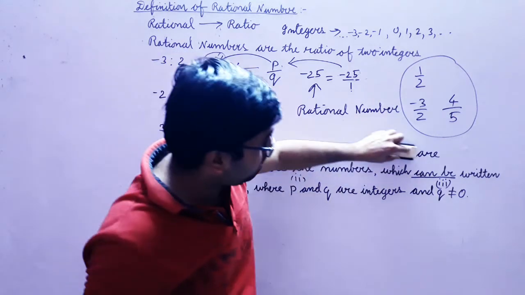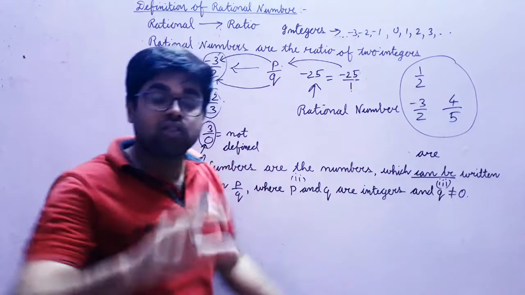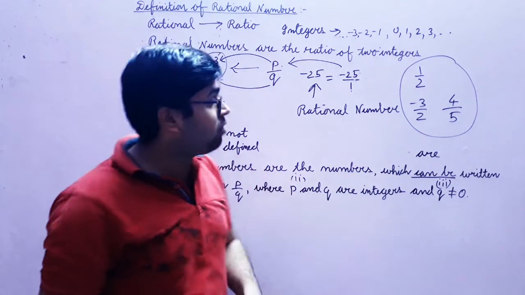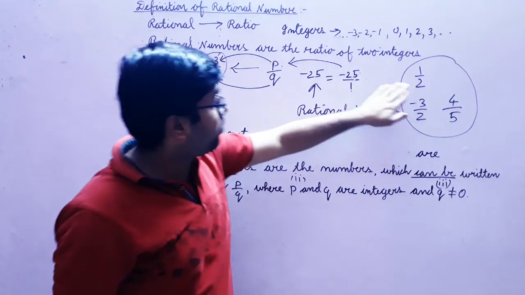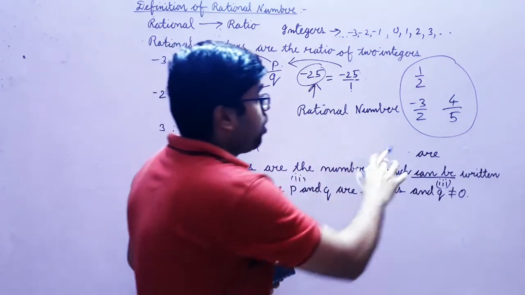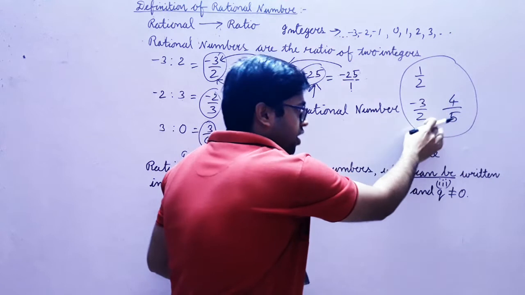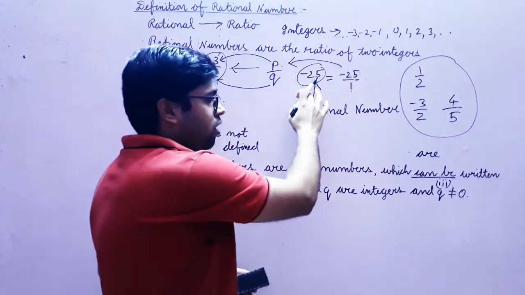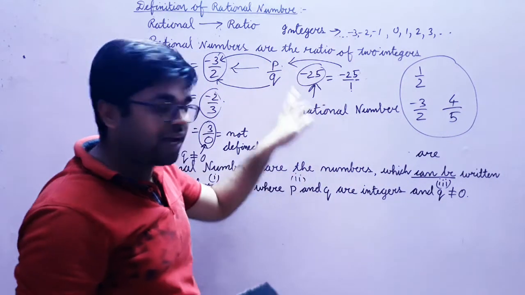But when I use the words 'can be' instead of 'are', it doesn't matter whether the number is written in the form of p by q or not.